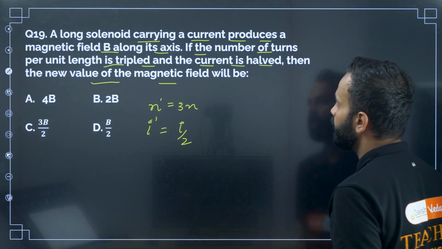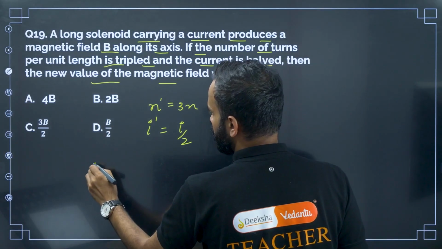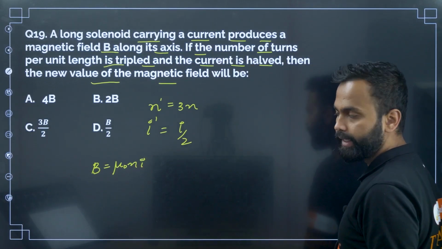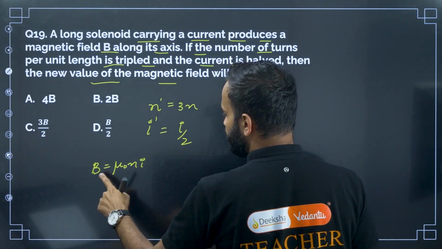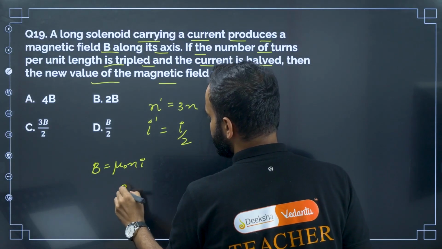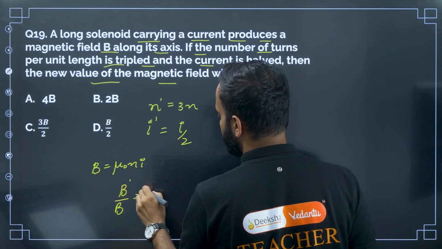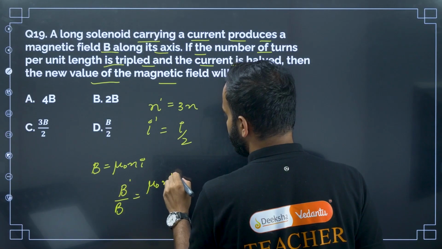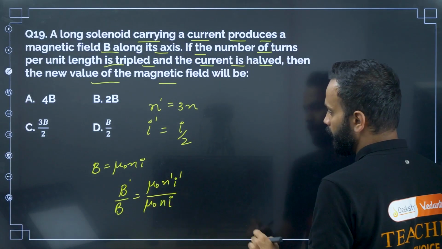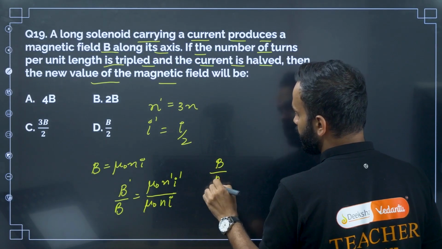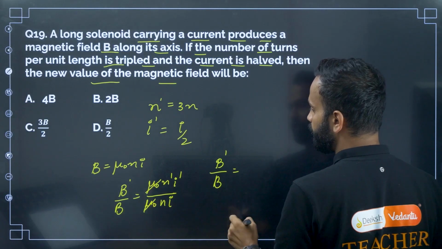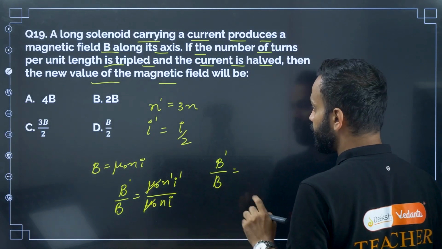then the new value of the magnetic field will be: magnetic field due to the solenoid B equal to mu naught n into I, right? So here B is directly proportional to n and I. So B dash divided by B is equal to mu naught n dash I dash divided by mu naught n into I. Mu naught will get cancelled, n dash is 3n, I dash is I by 2, so n and I will get cancelled.